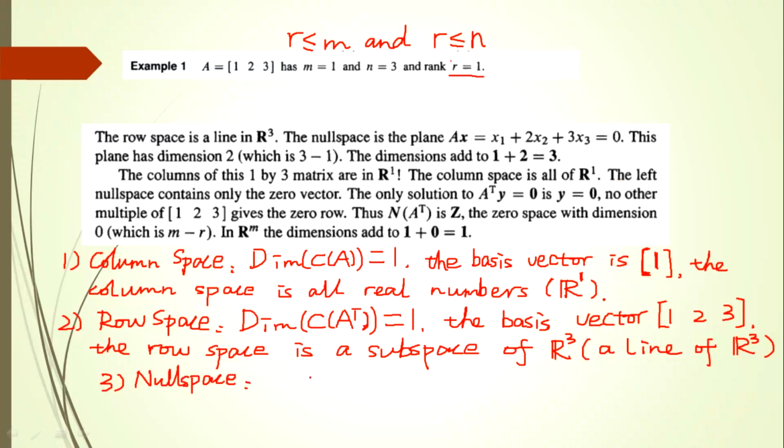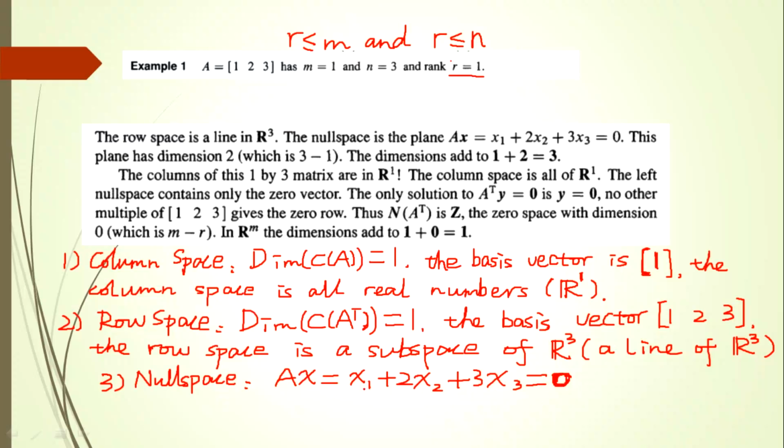The null space, which means we need to solve Ax equals 0. So that will be x1 plus 2x2 plus 3x3 equals 0. And we know there is only one pivot column, so you can set x2 and x3 as free variables.